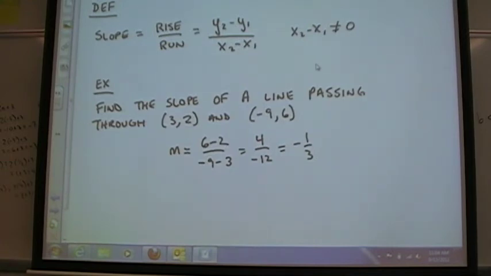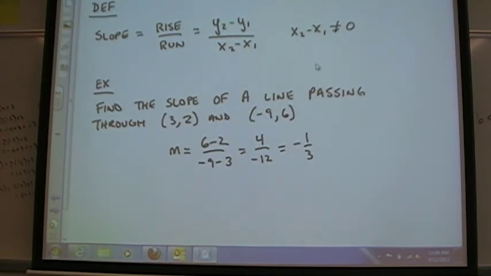Which way are you going for rise? Up or down? And run? Left and right. If you rise up, is that positive or negative? Positive. Rise down is negative. Run right, positive. Run left, negative.